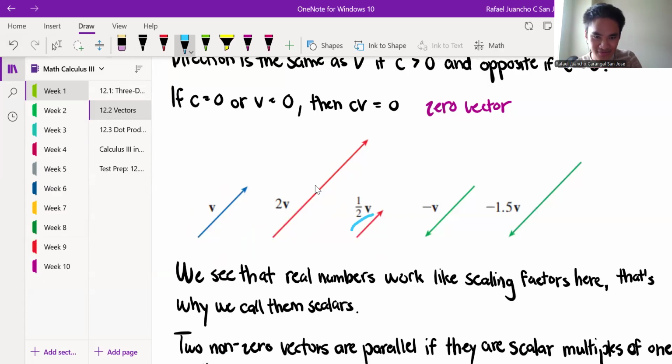And then this is half of this one. So you see how the scaling happens? It changes the length of the vector. And then when we made it negative, now the direction changes, but it's still the same length.